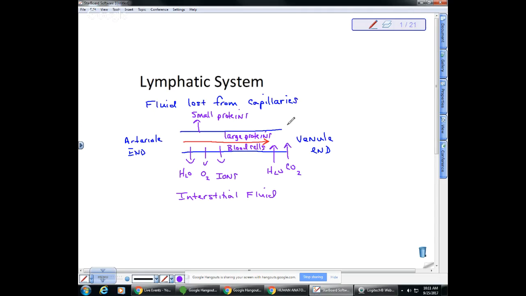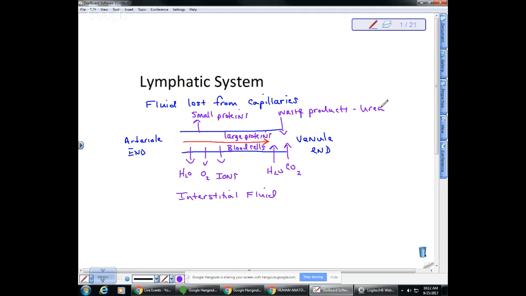And then we also have maybe some waste products, like urea. This will be important when we get to the urinary system, right? Because the urea, the waste product from protein digestion, gets picked up by the capillaries and then transported to the kidneys where it's filtered back out, okay?